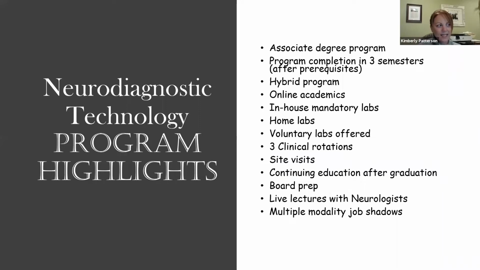But what exactly does our program highlight? We are an associate's degree program. We complete our program in 3 semesters, and that, of course, is after our prereqs. We are a seated program. There are things that we have to do to be admitted, and after that, we travel as one through the program in 3 semesters.